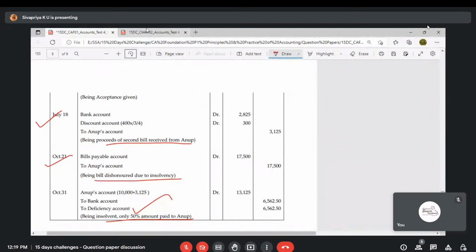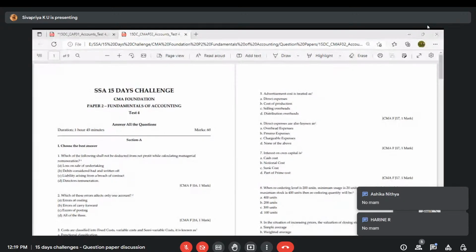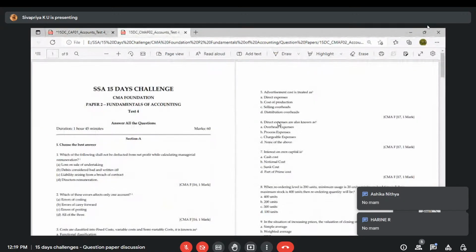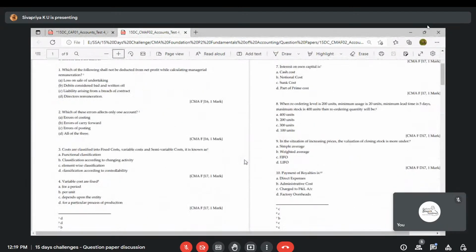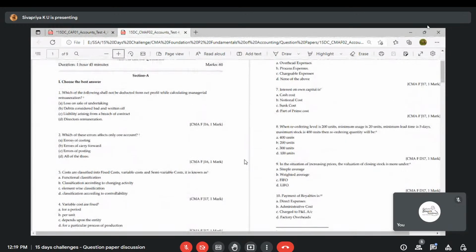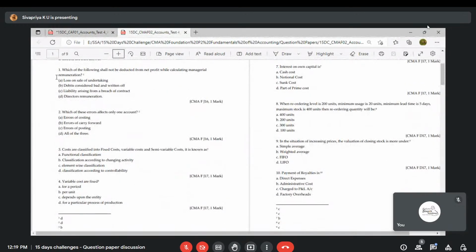Okay, next CMA Foundation accounts. Section A. Which of the following shall not be deducted from net profit while calculating the managerial remuneration?